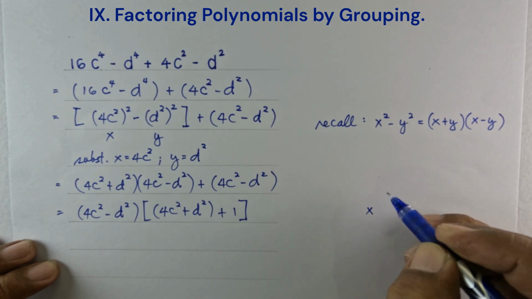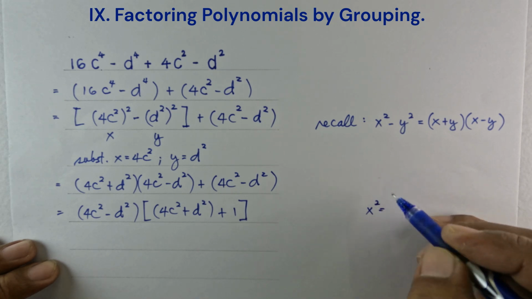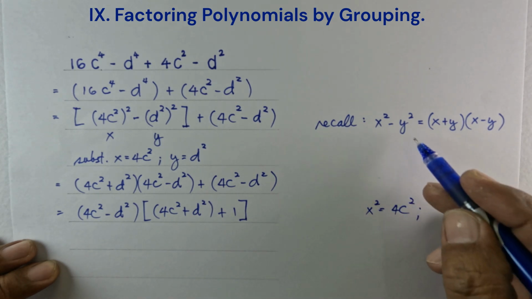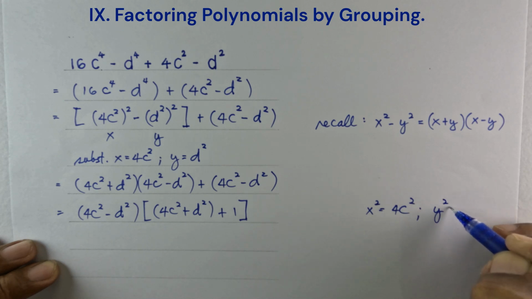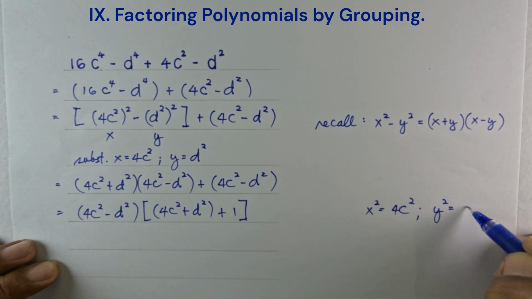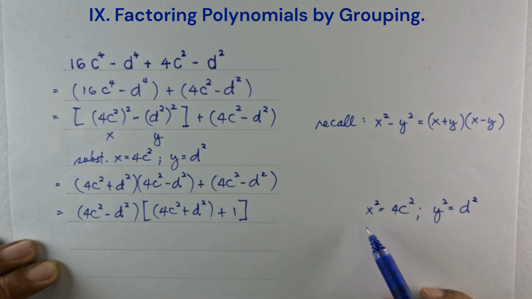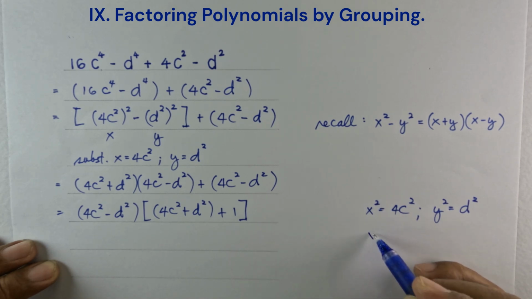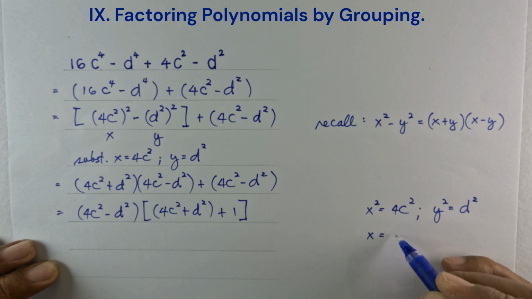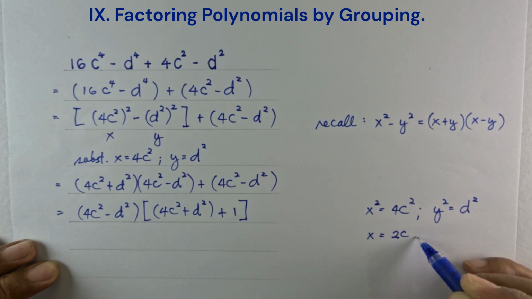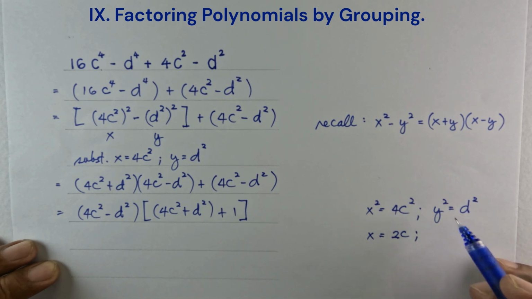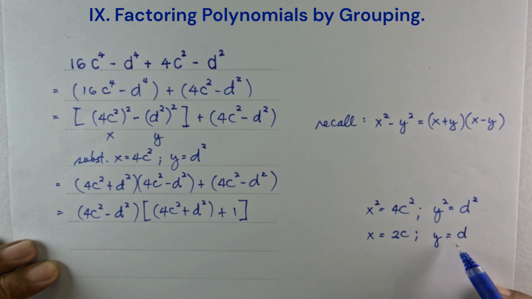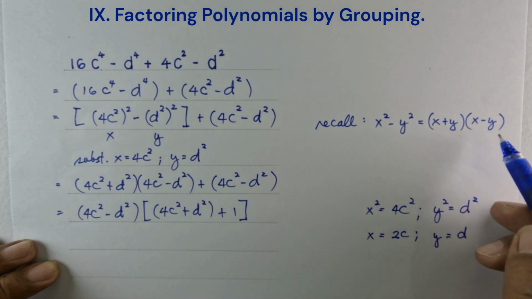This time, our x squared is 4c squared, and y squared is equal to d squared. So if we get the square root of both sides, x is equal to 2c, and y equals d. So we'll substitute these values here in this one.